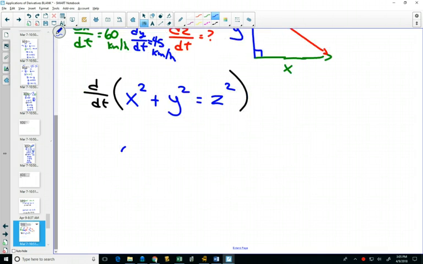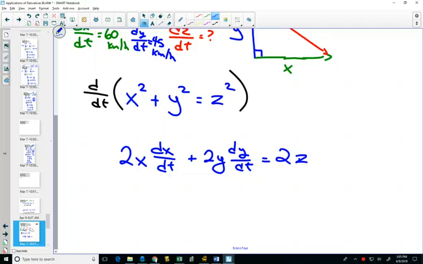And so what do we get? We get 2x dx dt plus 2y dy dt equals 2z dz dt. We're trying to find the dz dt. We have the dx dt. We have the dy dt.